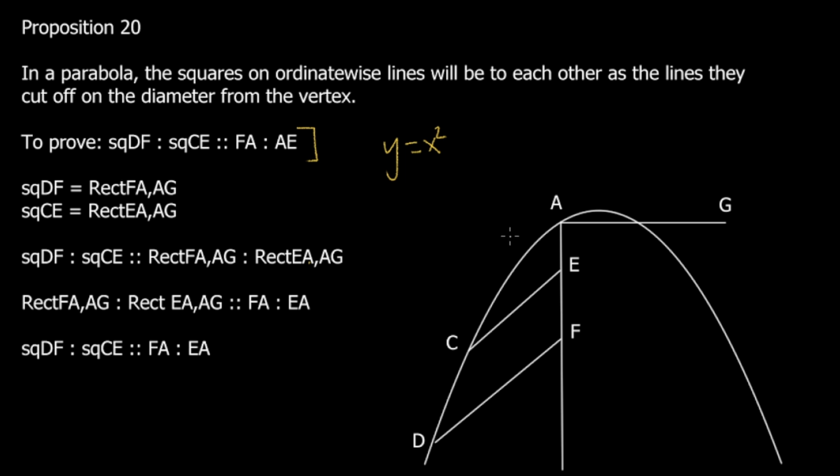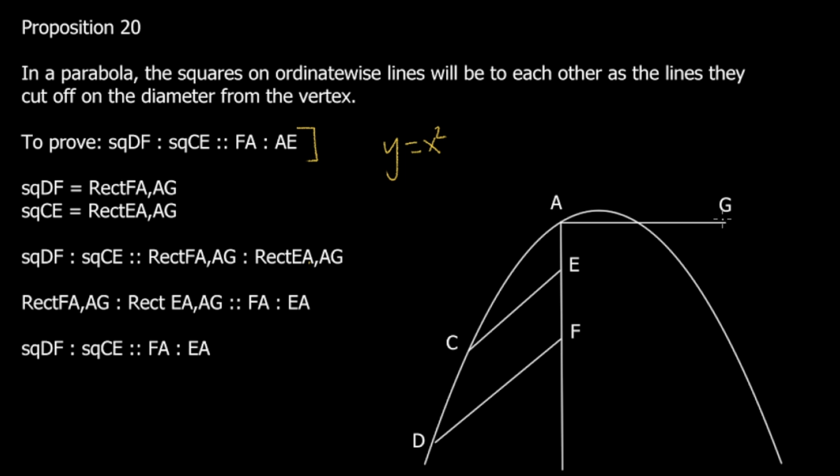So from Proposition 111, when we defined the parabola, I think I alluded to this a bit, but we have this parameter which is set up. Usually we have this relationship where we've constructed the parameter AG, sometimes called the upright side, sometimes I call it the kickstand, such that a square on an ordinate will be equal to the rectangle AF, AG.